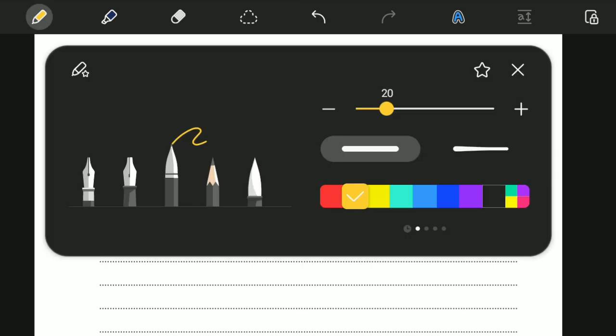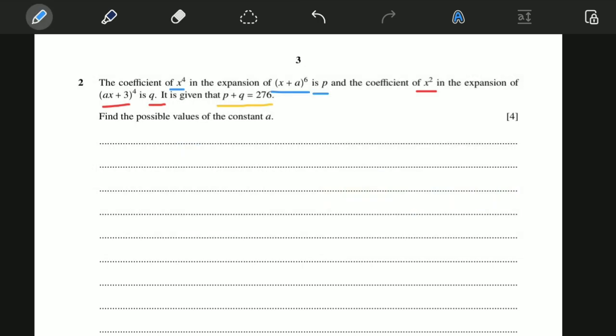So first we will do the expansion. Either you can find the coefficient of x^4 by expanding this, or you can find it by using the general term equation, and we will do it using the general term equation, which is a very accurate and short method.